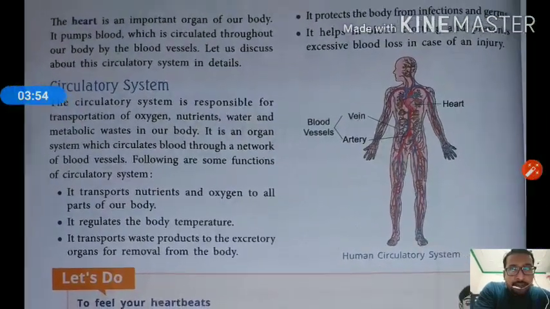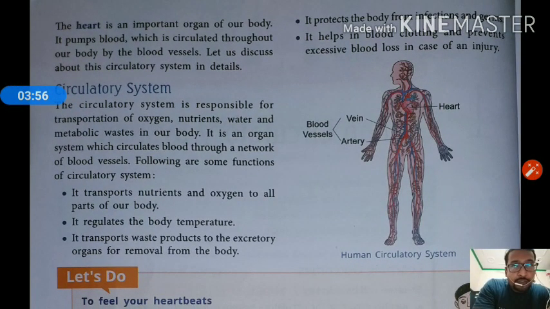The circulatory system is responsible for transportation of oxygen, nitrogen, water, and metabolic waste in our body. It circulates blood through a network of blood vessels.